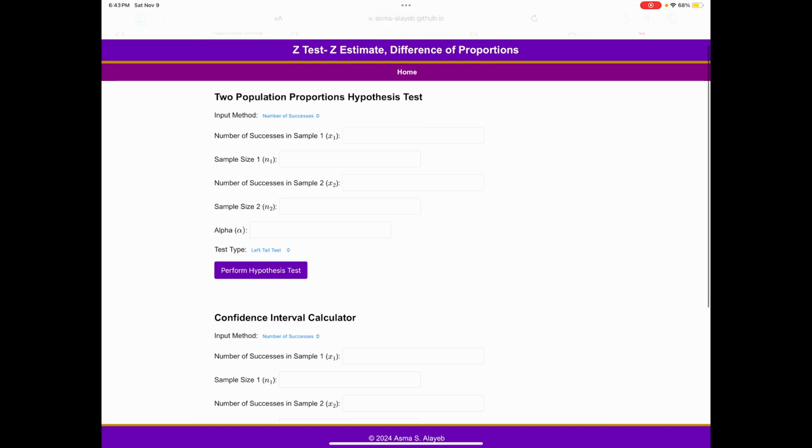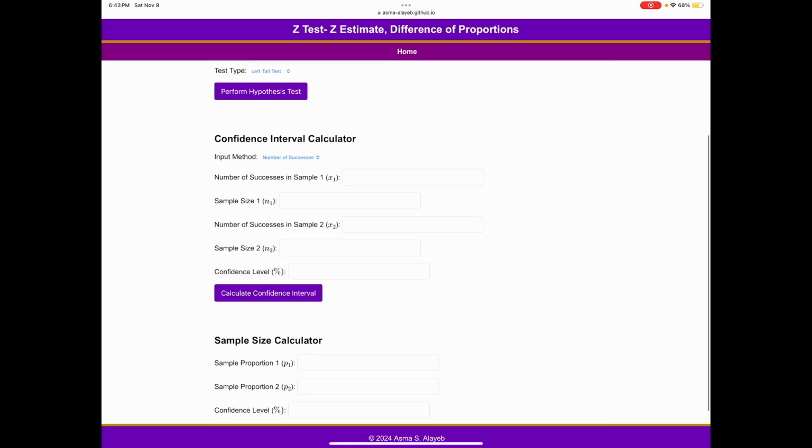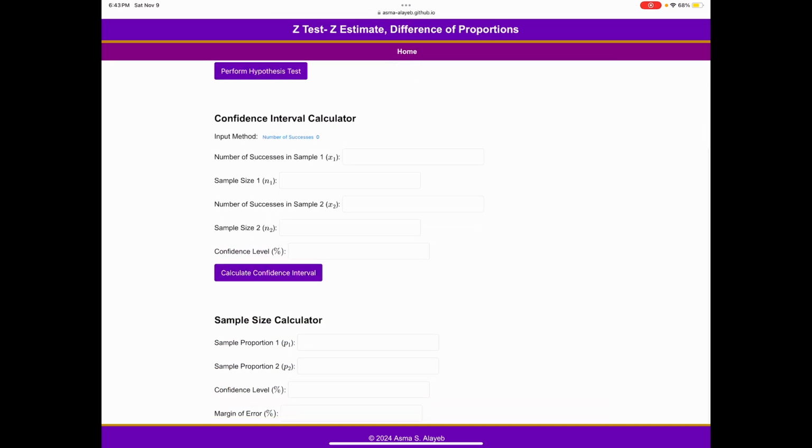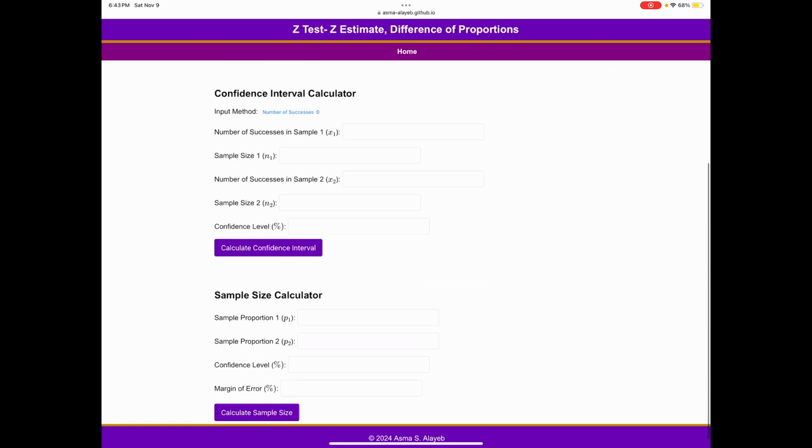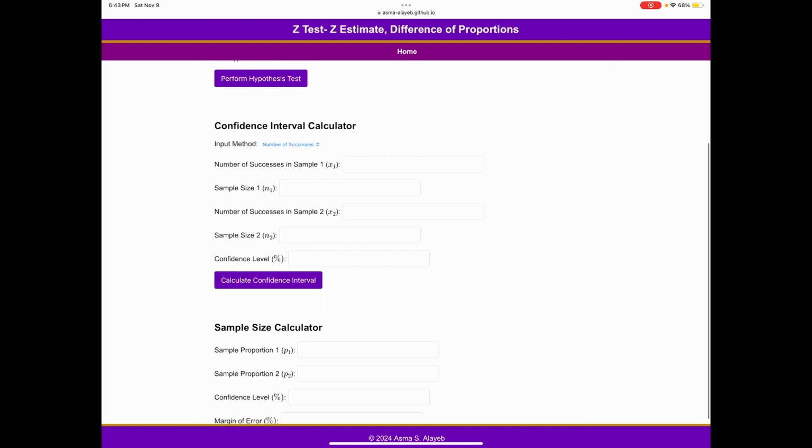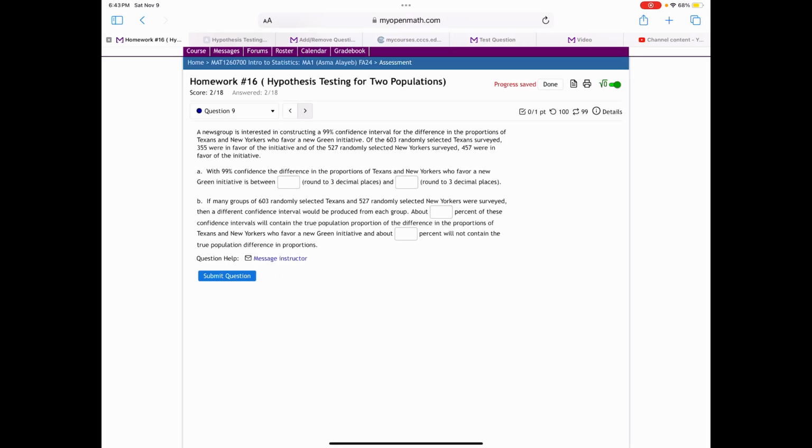That is the one, and you're going to navigate to confidence intervals. So that is the calculator you will be using right here. Going back to the question, of the 603 randomly selected Texans surveyed, 355 were in favor of the initiative. So we have the sample size for Texans, and we have the number of successes, which is 355.